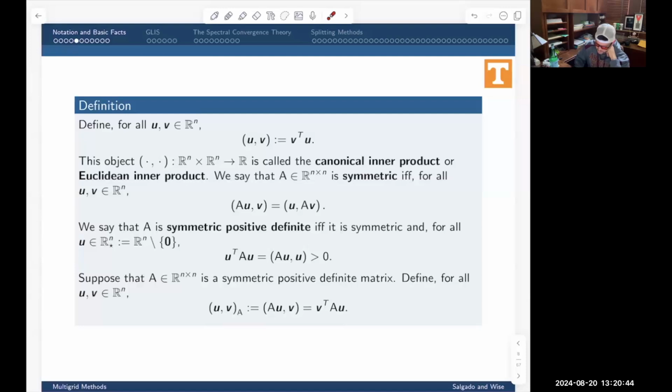The way this works is it's defined through the original inner product, and all you do is you attach the A to the first U. But if I look back at the definition for the canonical inner product, that means that this object here is just V transpose AU. So I can define this new object, and it's called the energy inner product.